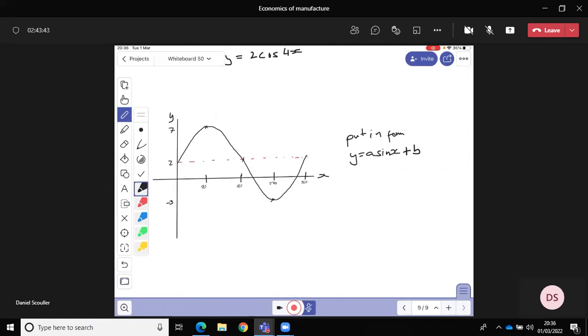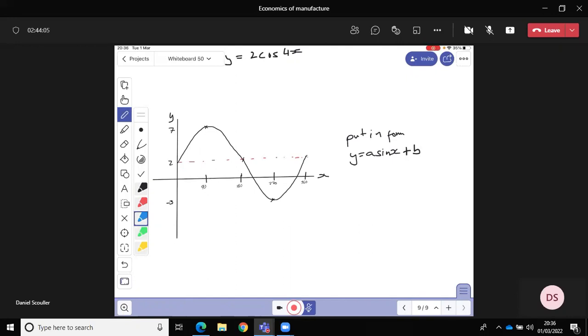I know b sort of moves about sometimes and that's confusing in itself, but that's the way it's going to get written in the exam. So I'm just doing it for that sake. In this case, b represents what we're moving on the vertical, that y-axis.